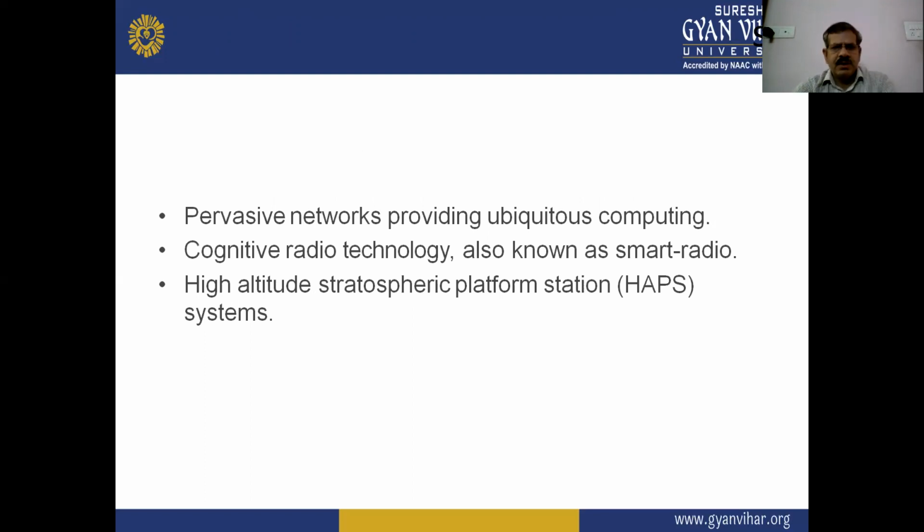And pervasive network providing ubiquitous computing and cognitive radio technology, also known as smart radio. High altitude atmospheric platform station systems.